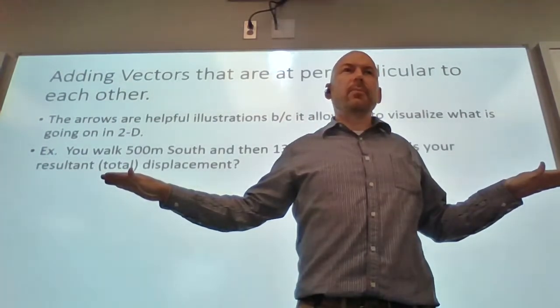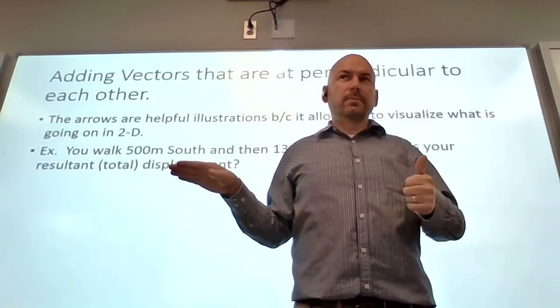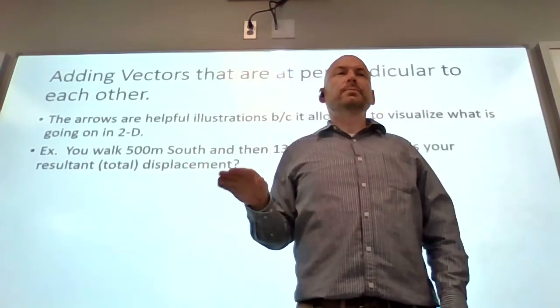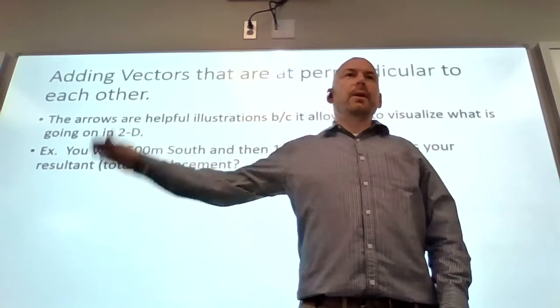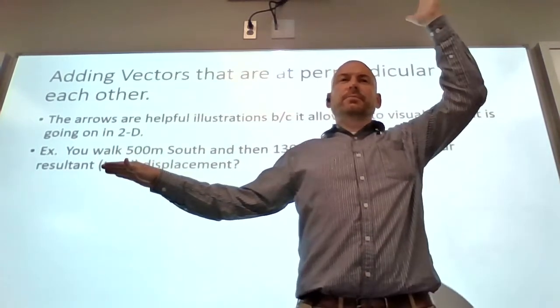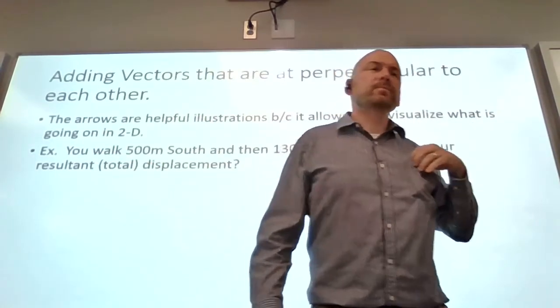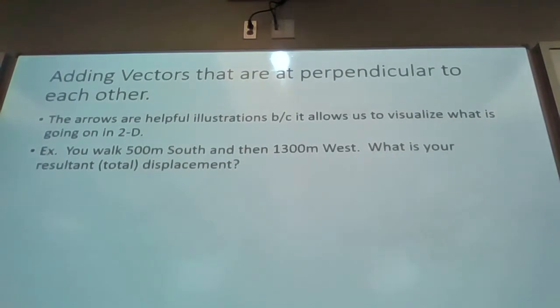The resultant is 4 to the left. Okay. Today we're going to learn how to do 7 to the left, 4 up. Okay, when vectors are perpendicular to each other. How to find the resultant.